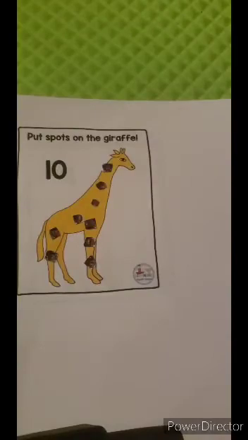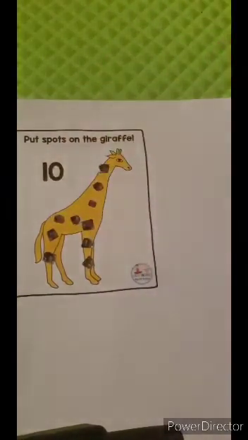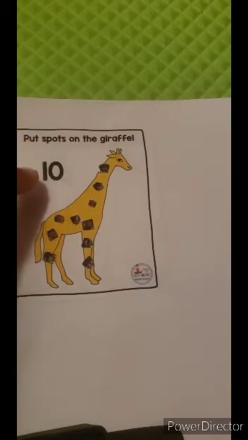How many do we need? We need 10. We put 10 spots on the giraffe. So now we know how many spots to put on just by identifying the number.